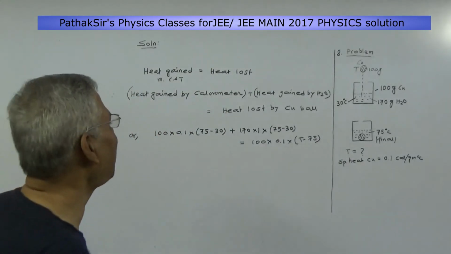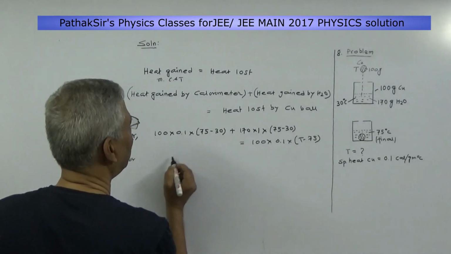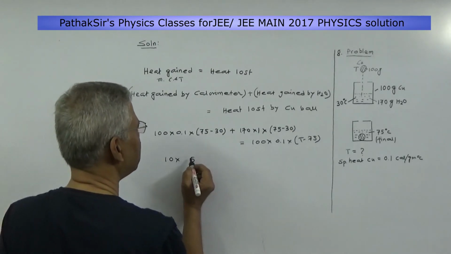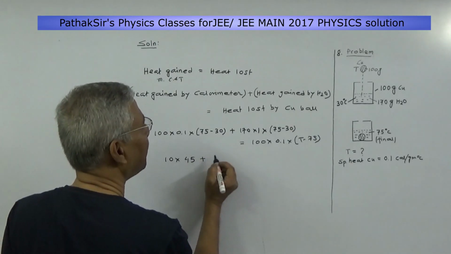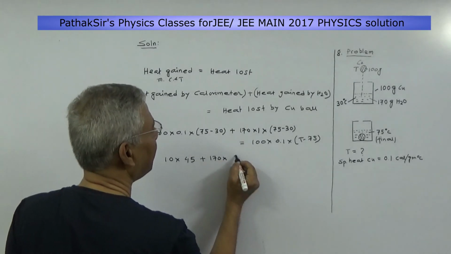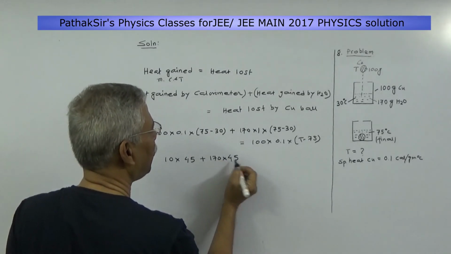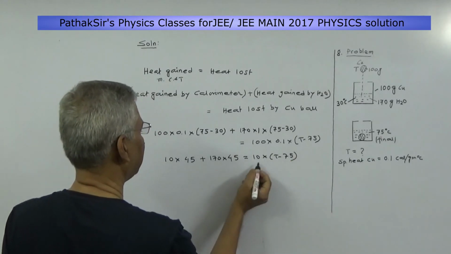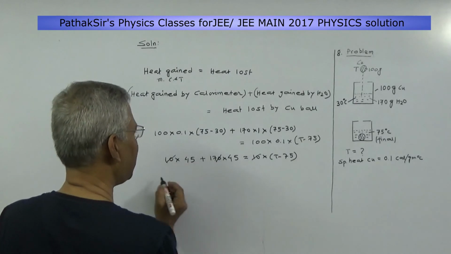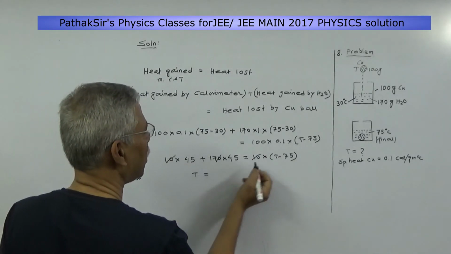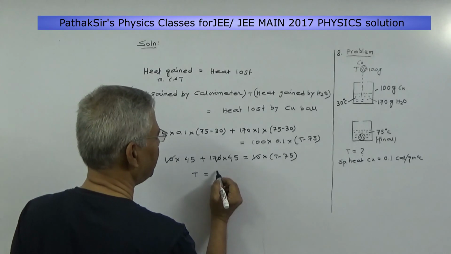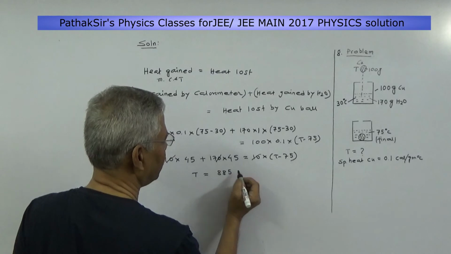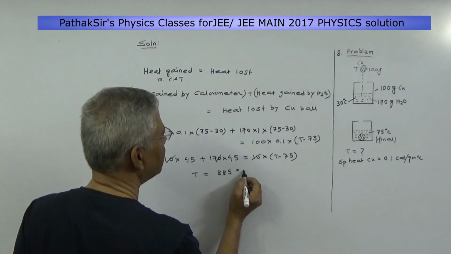Solving this, how much do you get? 885 degree centigrade.